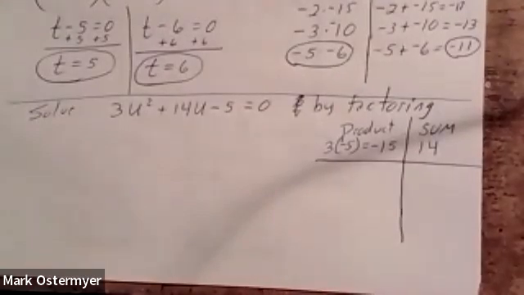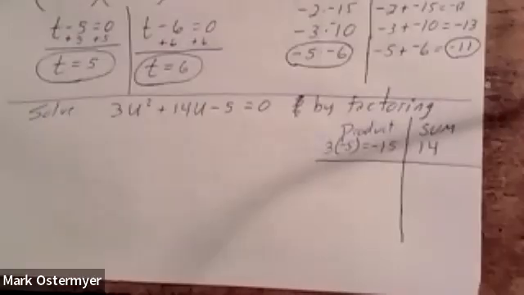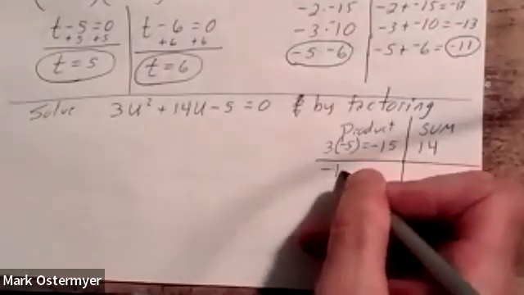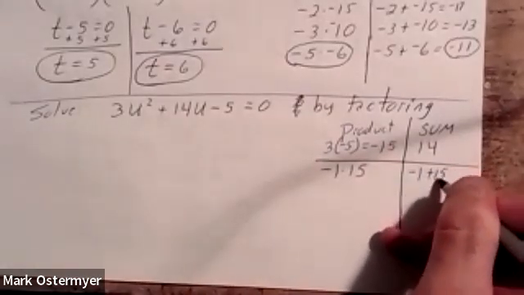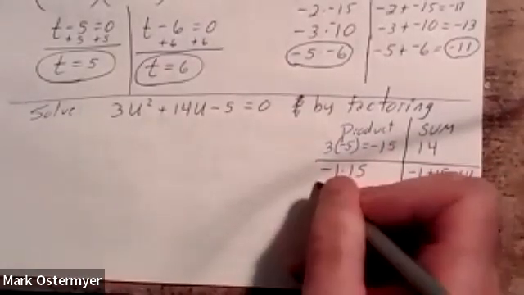Do they exist? Negative 1 and 15. All right, negative 1 and 15 are our factors of negative 15, and notice these sum to what we need, namely 14.